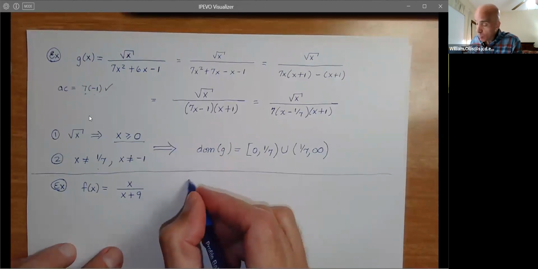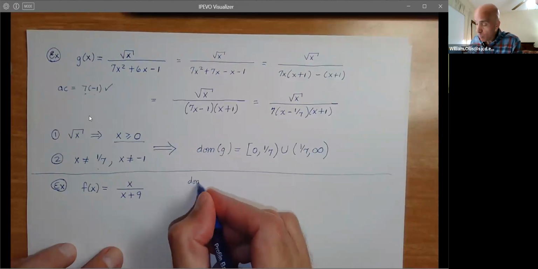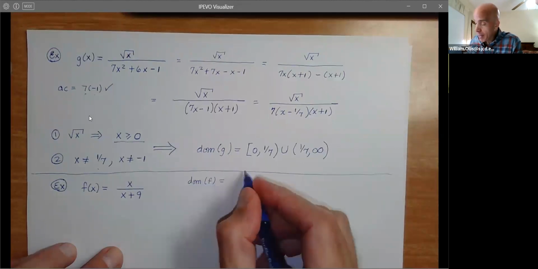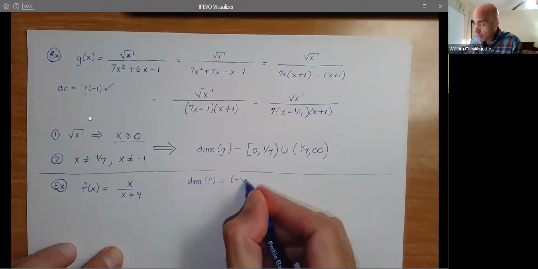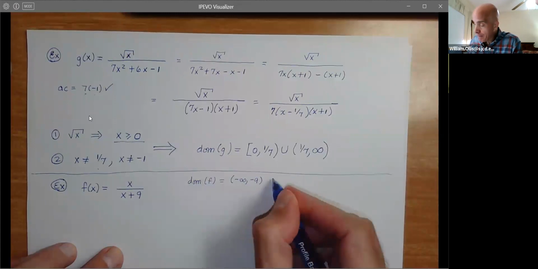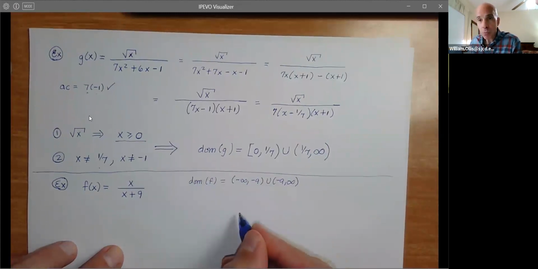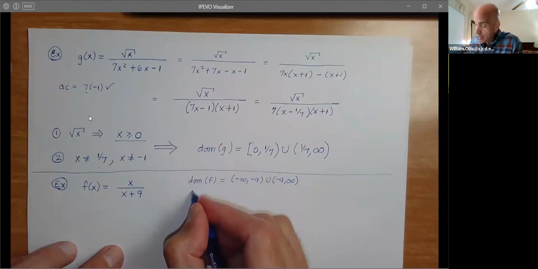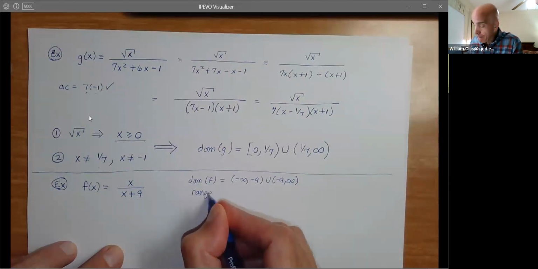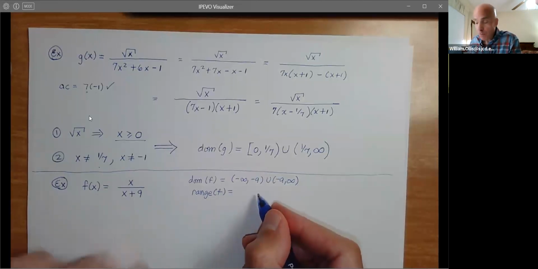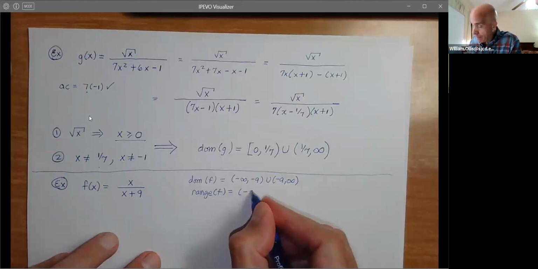So we can go ahead and write that because we've become professional at that. The domain will be -infinity to -9, union -9 to infinity, just using the technique that we worked on previously. And then, of course, the range will exclude the ratio of leading coefficients, which is 1.